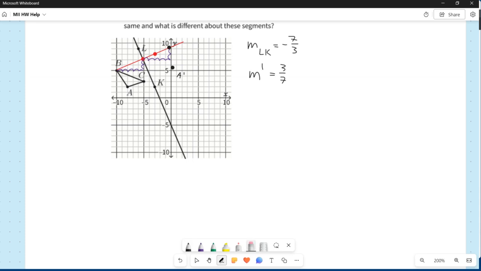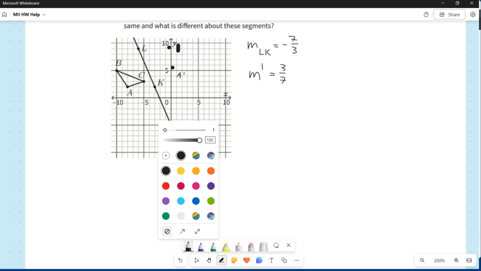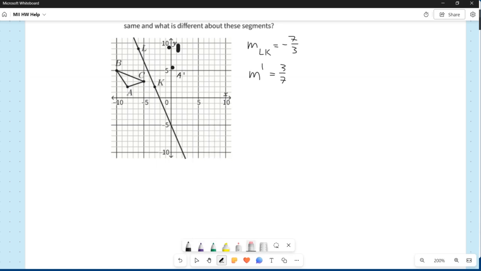I'm going to get rid of all this extra stuff. I no longer need it. Okay. And that point is B prime.